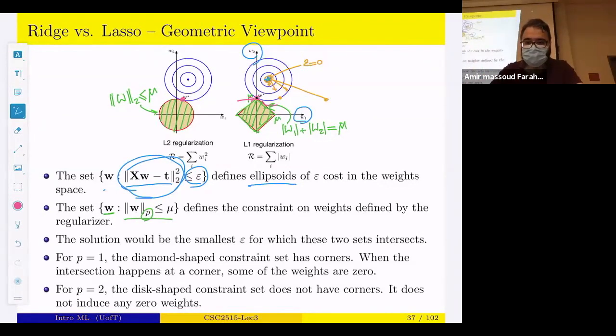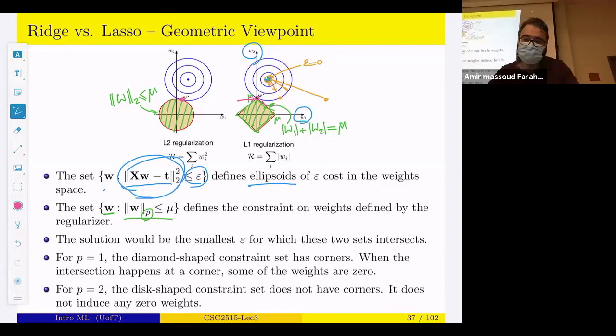There's a question that for p equal to 1, it is not 100% certain that some of the weights are going to be 0. Yes, it's not perfect.